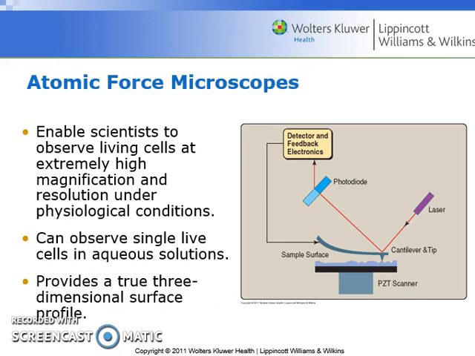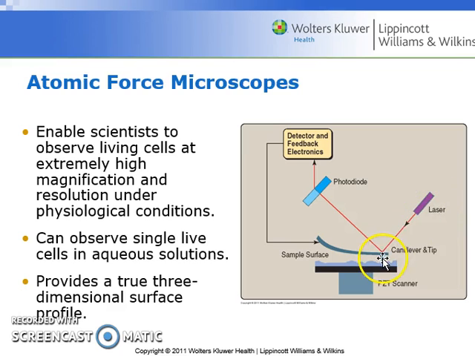And if you look at the image here, it uses some pretty interesting tools to allow it to work, such as a laser and a photodiode. The photodiode is pretty much the sensor that allows the microscope to detect and determine what the laser is shining its beam of light on.